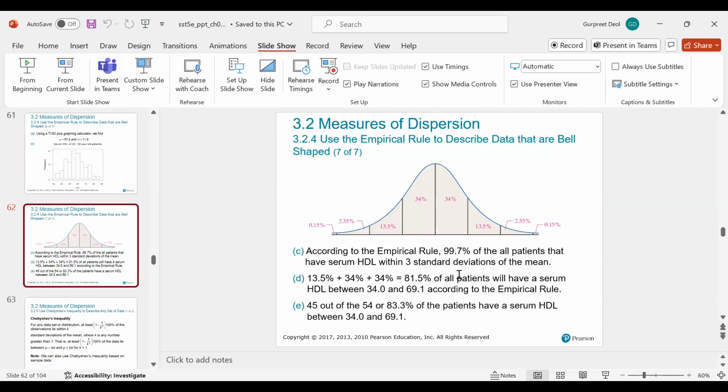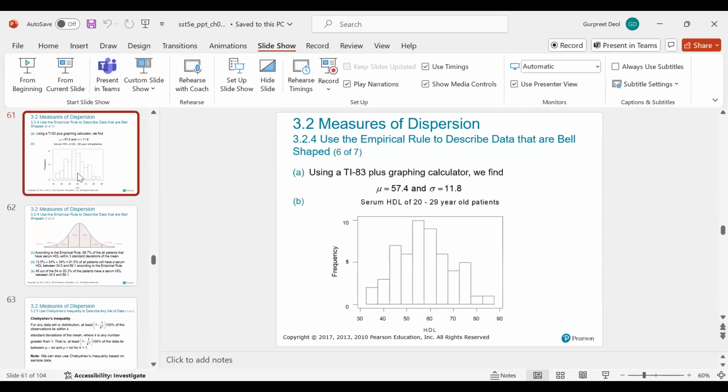So now to understand what the question is asking, we will need to draw a picture for ourselves using the information that we had. We were having a mean at 57.4 and a standard deviation of 11.8.